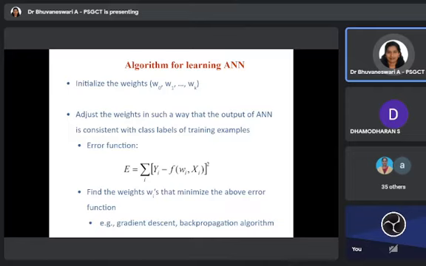Okay, so the first step is to initialize the weights, then you compute the approximate output value from the X by adjusting the weights in such a way that the output of the ANN is consistent with the training labels.